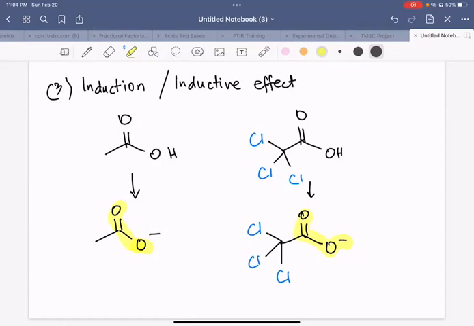Inductive effect is like a property or an effect that pulls or withdraws electron density from one portion of a molecule due to the presence of electronegative atoms, adjacent electronegative atoms.